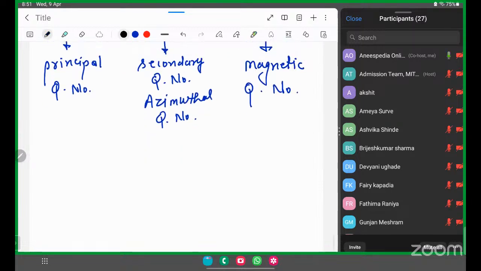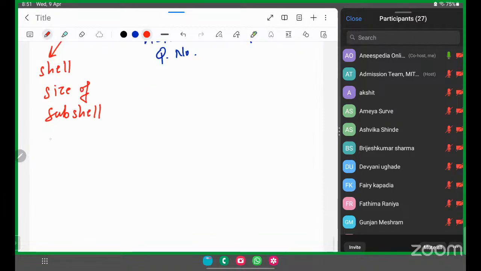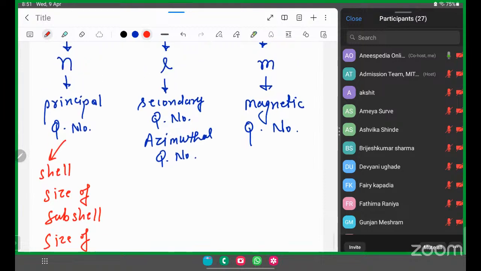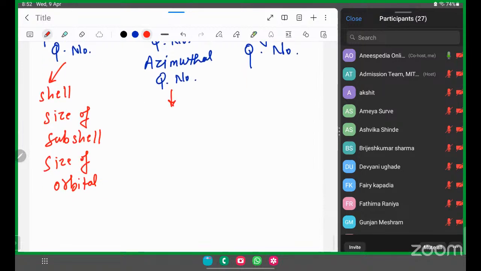The principal quantum number N gives us information about the cell, the size of the subcell, and the size of the orbital. The secondary or azimuthal quantum number gives us information about the subcell: which type of subcell we are taking, S subcell, P subcell, D subcell or F subcell.